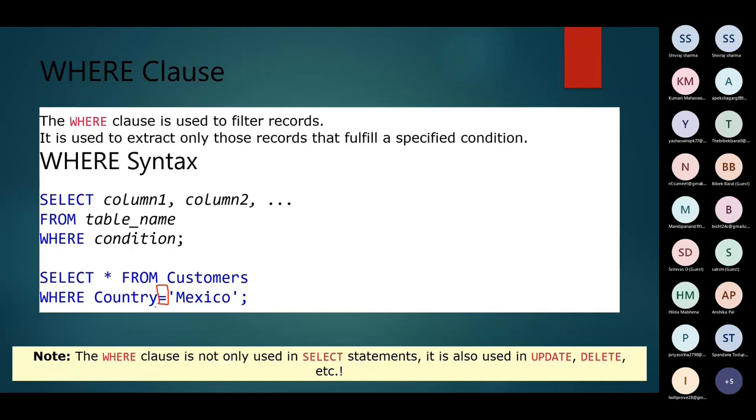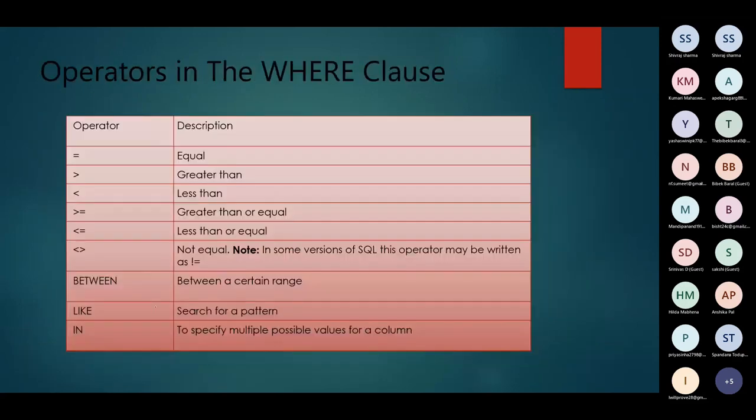Here we mentioned equals to. It means the country must be equal to Mexico, right? Now, moving ahead, these are the different operators that are used with your where clause. It can be equal, greater than, less than, greater than or equal to, less than or equal to, not equal, like that.